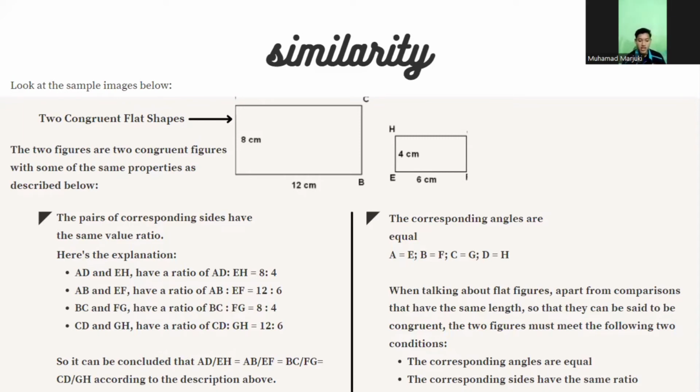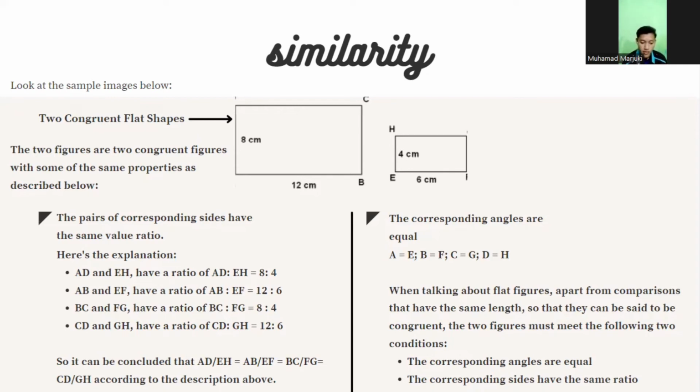The corresponding angles are equal: angle A equals angle E, angle B equals angle F, angle C equals angle G, and angle D equals angle H. When talking about flat figures, apart from the comparison of lengths, for them to be said to be similar, the two figures must meet the following two conditions.